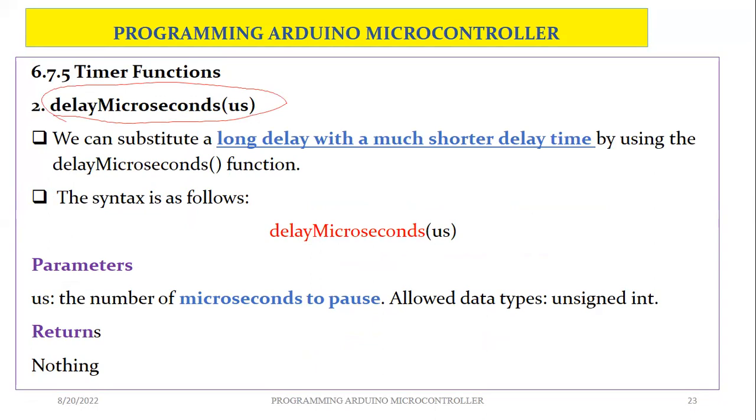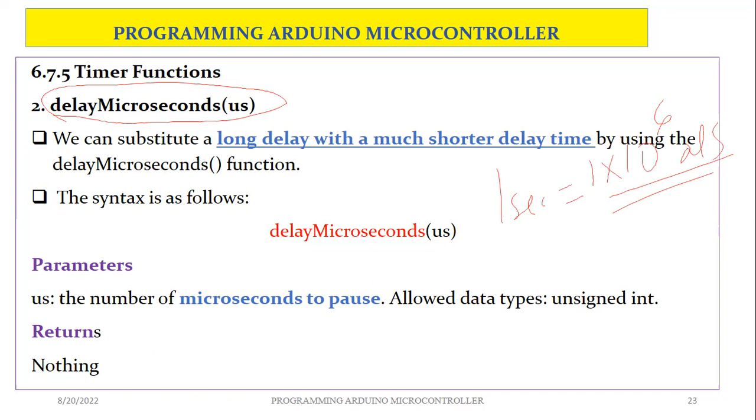Of course, we know that 1 million microseconds is equivalent to one second, or in other words, 1 second is equivalent to 1 million microseconds.